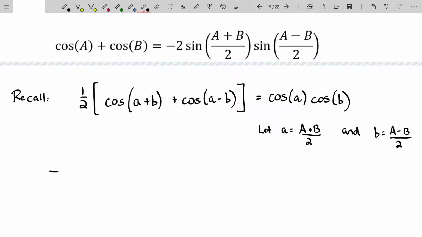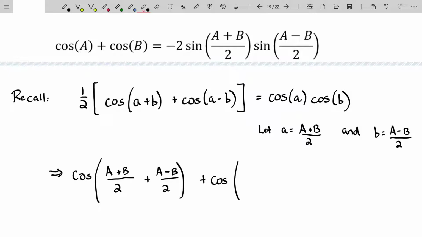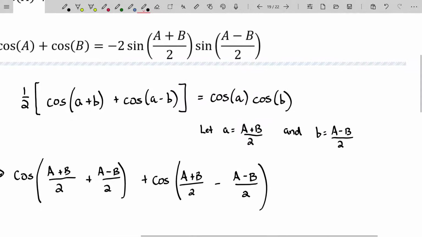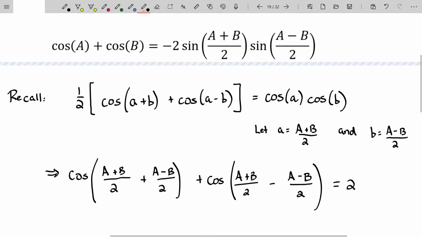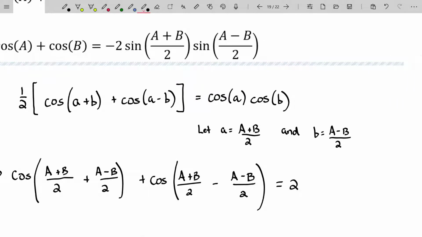So let's go ahead and do this. This would imply that we have the cosine of, well, little a is capital A plus capital B over 2, plus little b is capital A minus capital B over 2, plus cosine of, again, little a is capital A plus capital B over 2, and then minus little b, which is capital A minus capital B over 2, and then this is equal to twice, because we're multiplying by 2 here, the cosine of capital A plus B, and so on and so forth.